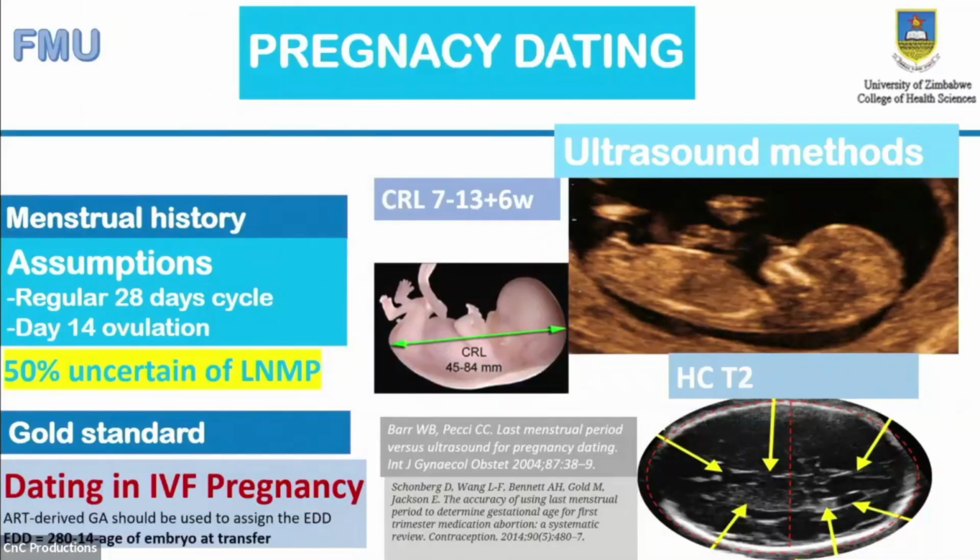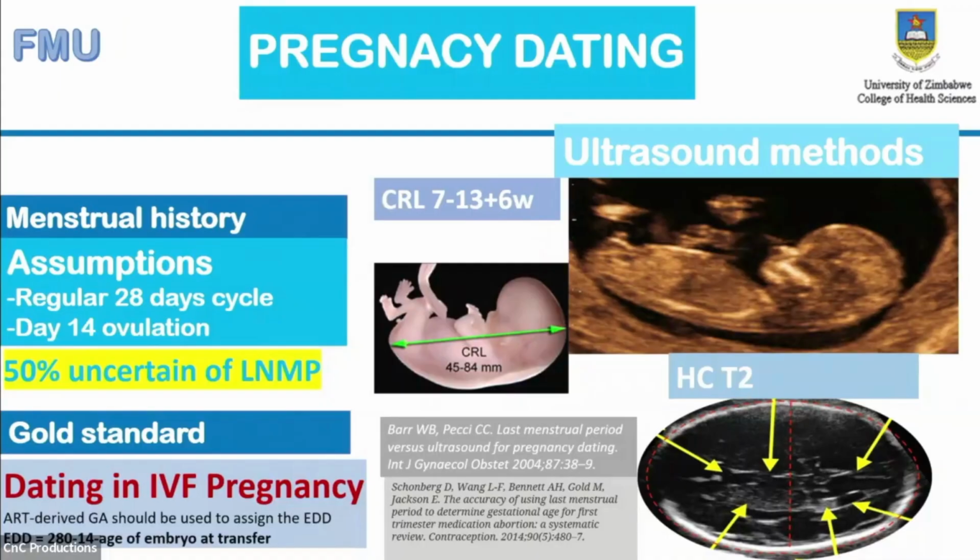which might lead to you missing probably a fetal growth restricted baby. So in the third trimester, what you can do is assign a gestational age. Let's say a woman pops in the third trimester, no scan, nothing, they don't know their LNMP.